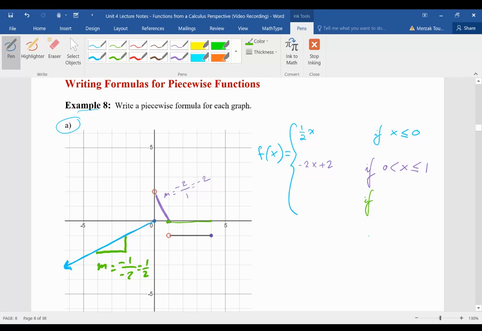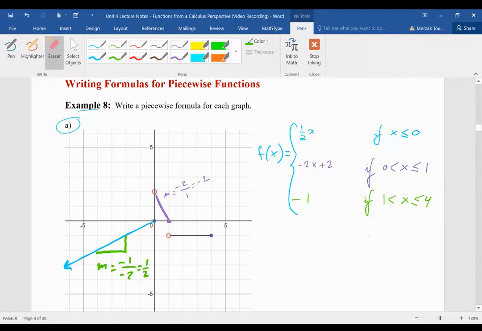So the condition would be, of course, at x equals 1 is not included. So it's 1 less than x, and x is less than or equal to 4. Now, this is a horizontal line, so its equation is straightforward. So y equals negative 1. So we just put negative 1.